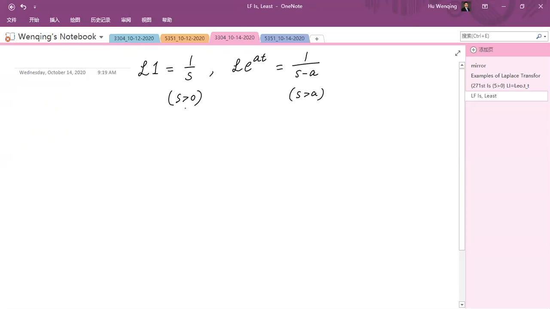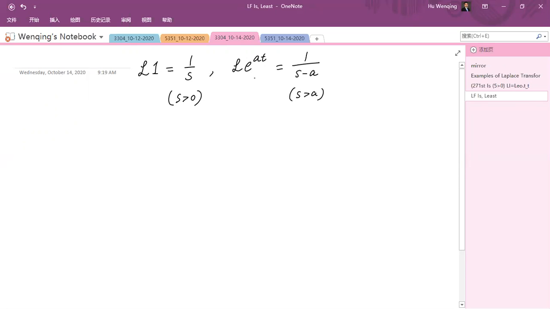Is that good, family? I must point out here that I have been abbreviating the definition. I consider the Laplace transform of 1 and the Laplace transform of e^(at), but I didn't write the argument s out. I just write the function being transformed.